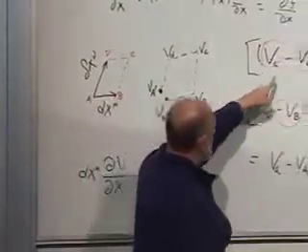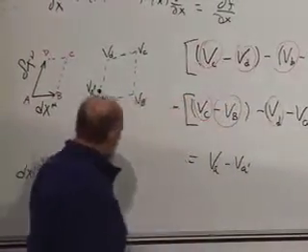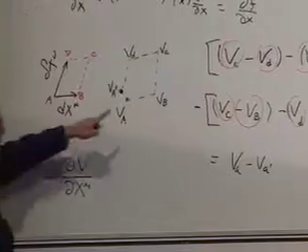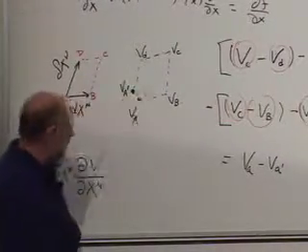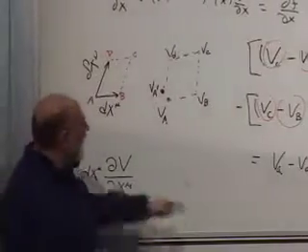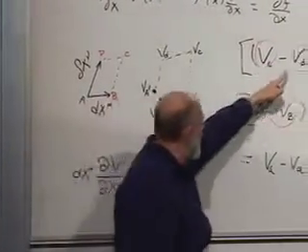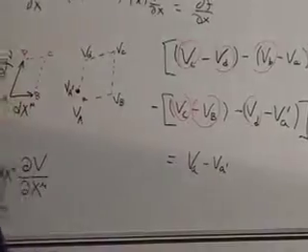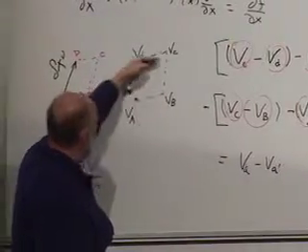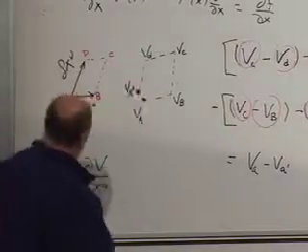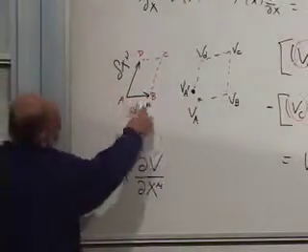So that's the first term up here. Now what's the second term? The second term is exactly the same thing, except displaced downward. Both of these, VC minus VD and VB minus VA, are both related to derivatives along the axis dx mu.